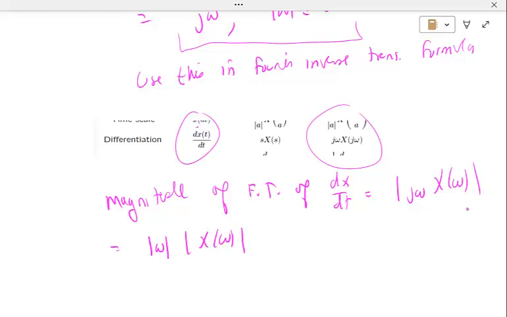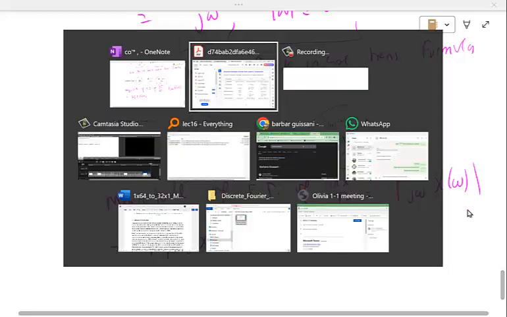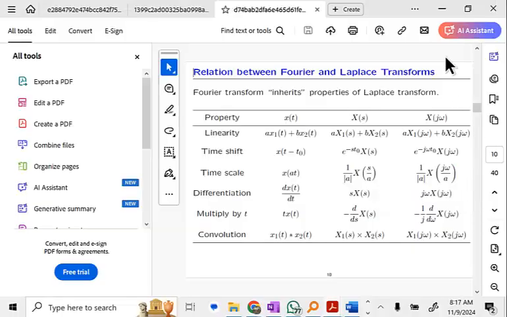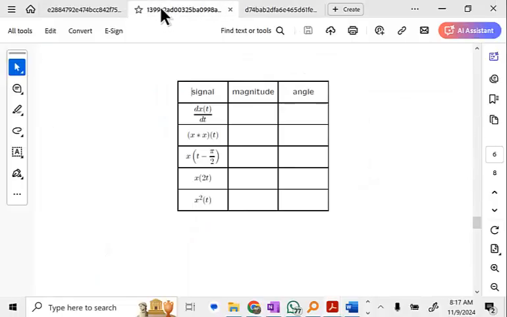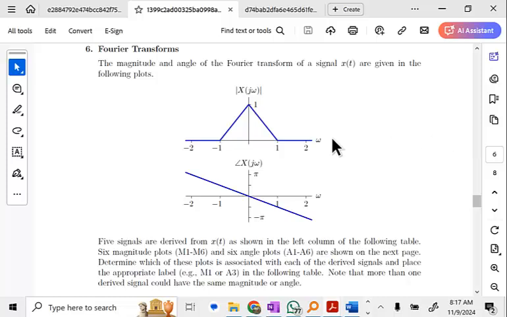If you look at what the magnitude of omega looks like here, I'm going to be multiplying that by omega. Now, omega is 0 here, and it's 1 here. So you can imagine what happens if I take this magnitude and multiply by a function that goes from 0 to 1. Of course, the magnitude is the absolute value, so it's going to go 0 to 1 here, 0 to 1 here. So that's what it's going to do to the magnitude.